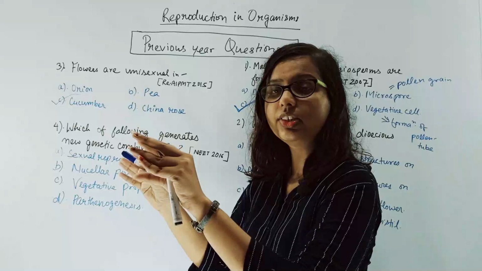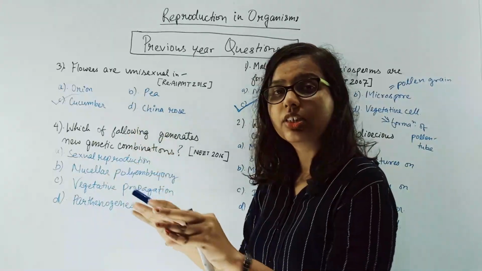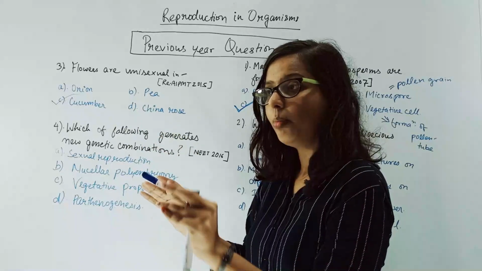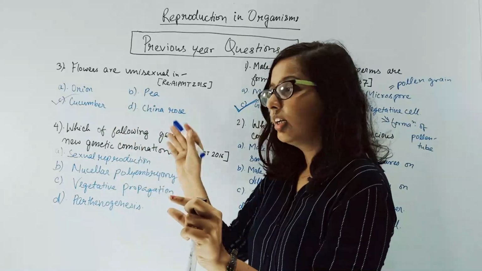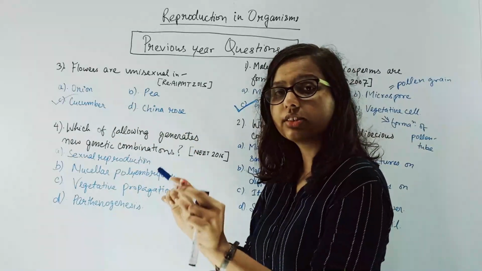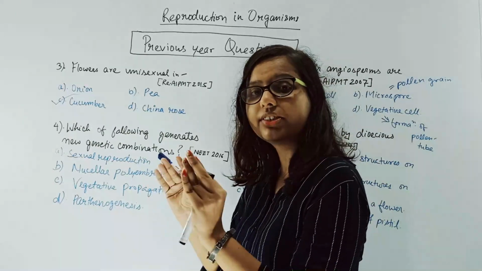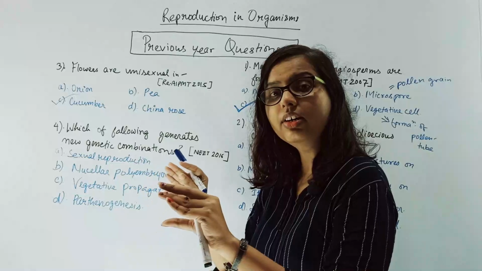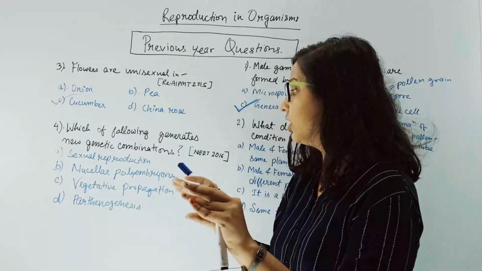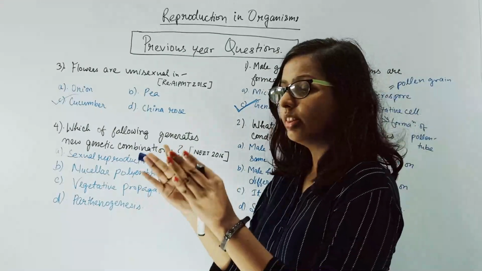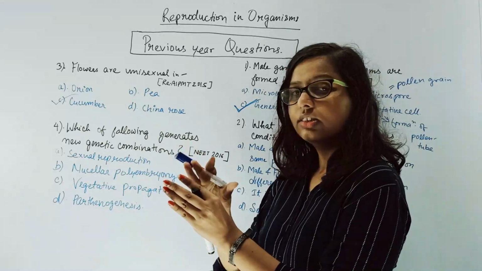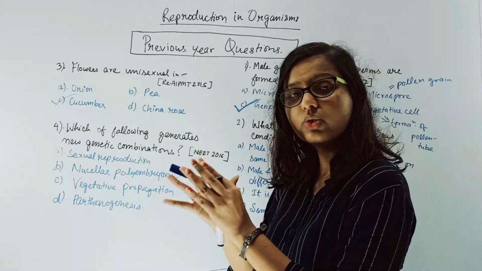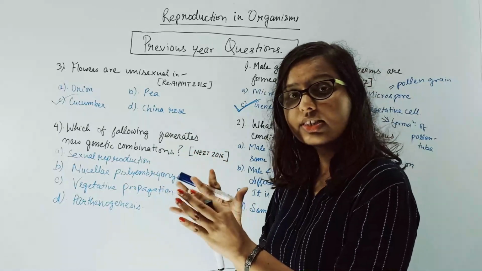So when the gametes are formed, the male gamete and the female gamete will also have a different genetic makeup. The male gamete will have a different set of genes, the female gamete will have a different set of genes. When these two fuse, the zygote is said to be formed.